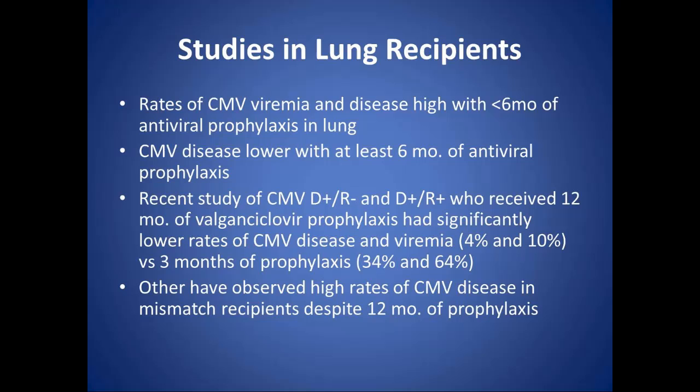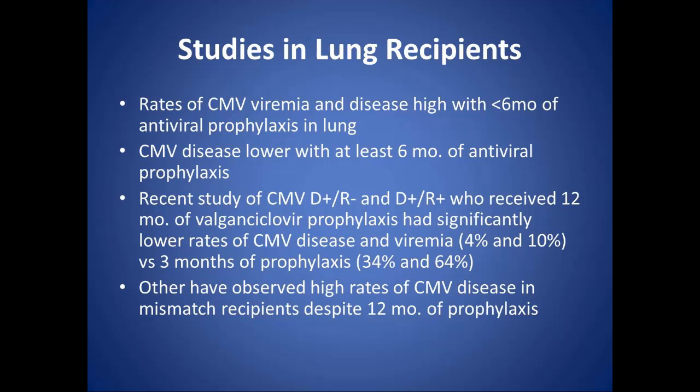These are some studies in lung recipients, and they also looked at length of prophylaxis in lung transplants. Generally, they found that if they were treated for less than 6 months, they had a higher incidence of CMV disease, and patients who got at least 6 months did better, with lower incidence of CMV disease. And then there was a recent study of CMV donor positive, recipient negative, and also donor positive, recipient positives who got 12 months of Ganciclovir, and they did much better than those who got only 3 months.